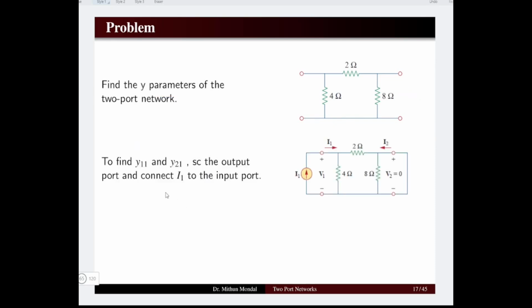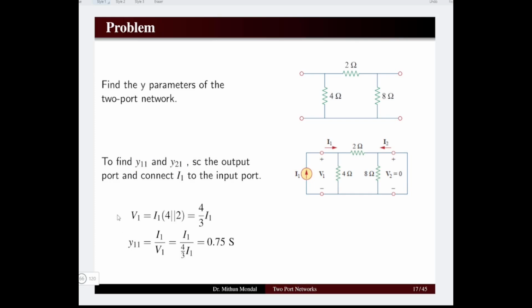So first we need to find the parameters Y11 and Y21, as discussed, by short circuiting the output port. So here we have the output port which will be short circuited, and a source I1 will be connected at the input side, and we will obtain the parameters Y11 and Y21.